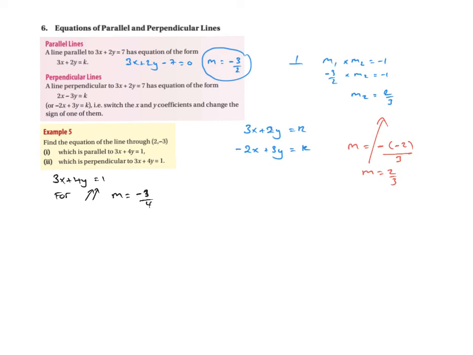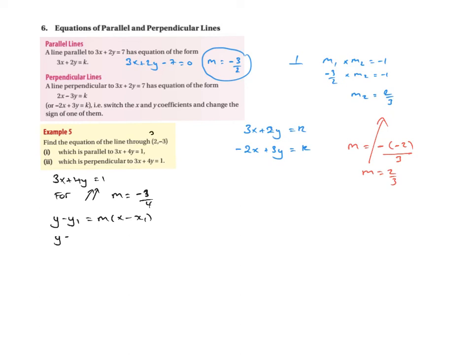Okay. Now, we know that this has to go through the point (2, minus 3), so we have all the information that we need to use y minus y1 is equal to m(x minus x1). So we know that y just stays as y minus y1. I'll just come up and label them.